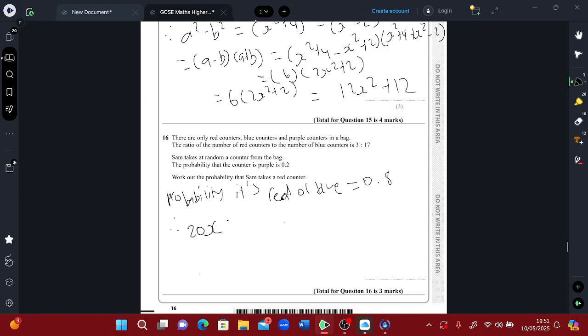The probability of picking a red or blue counter here is going to be 0.8. But that's not the probability, is it? That's how many blue and red counters there are over how many total counters there are. T for total. So that means 20x over t is 0.8.